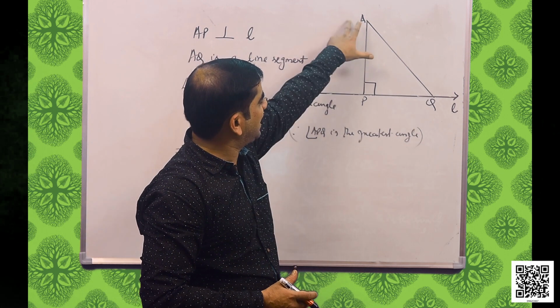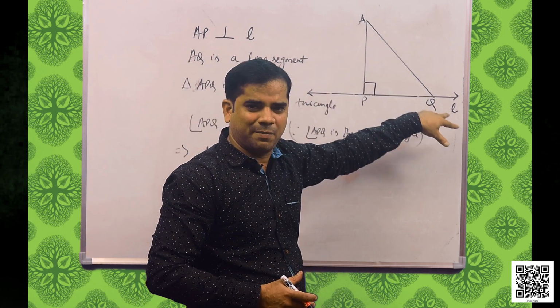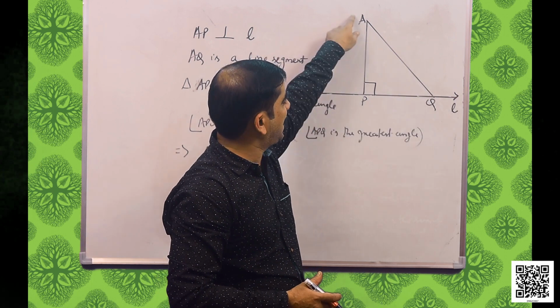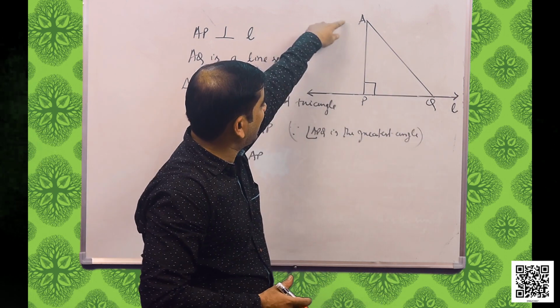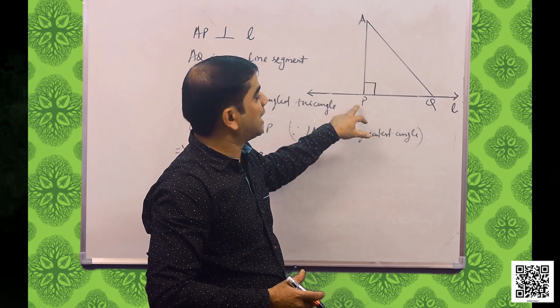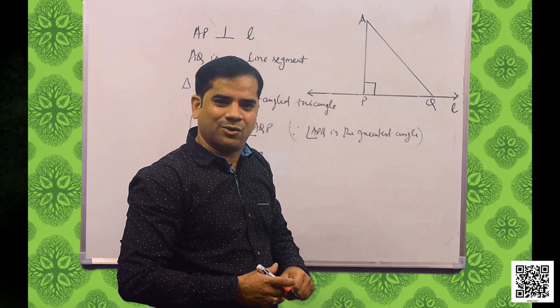We have proved that AQ, which is another line segment from point A to line L, is greater than the perpendicular from that particular point A to that particular line L. Okay.